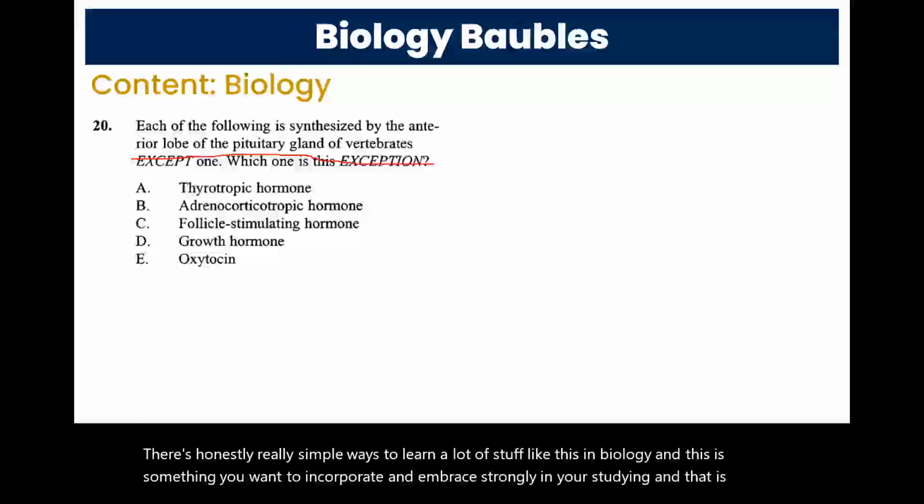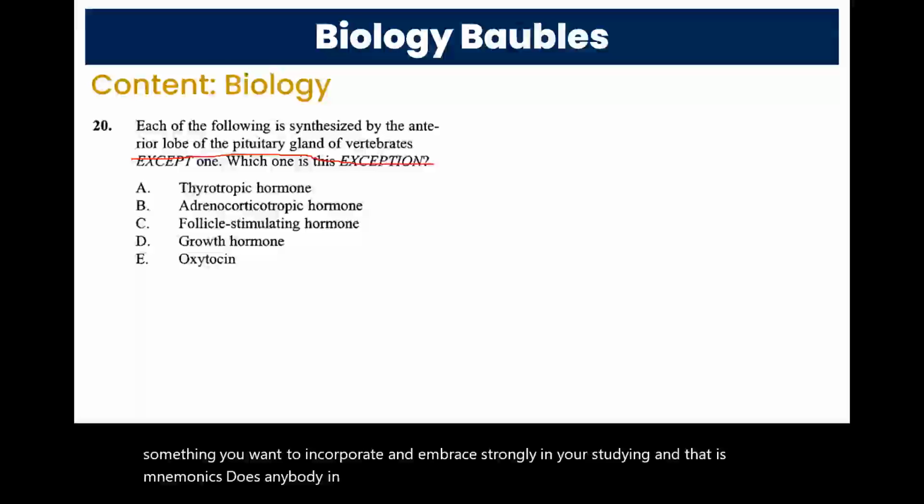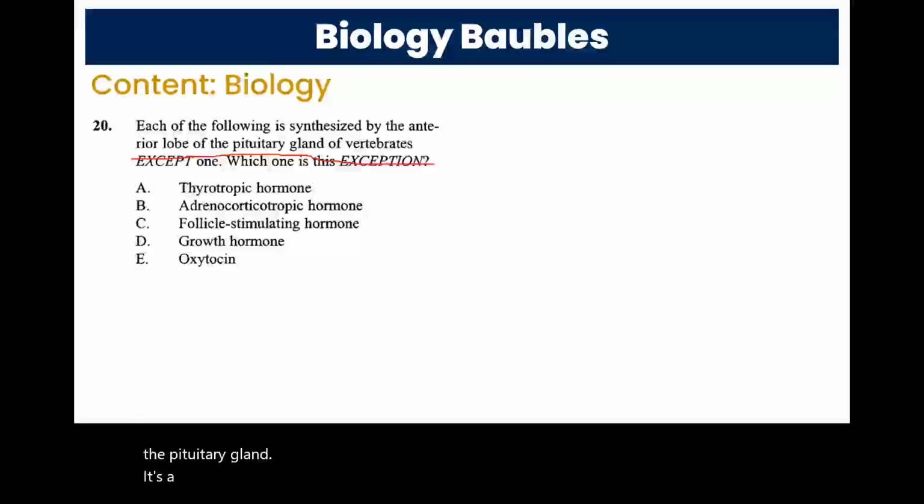Does anybody know a mnemonic for the hormones produced by the anterior lobe of the pituitary gland? It's a very common one.